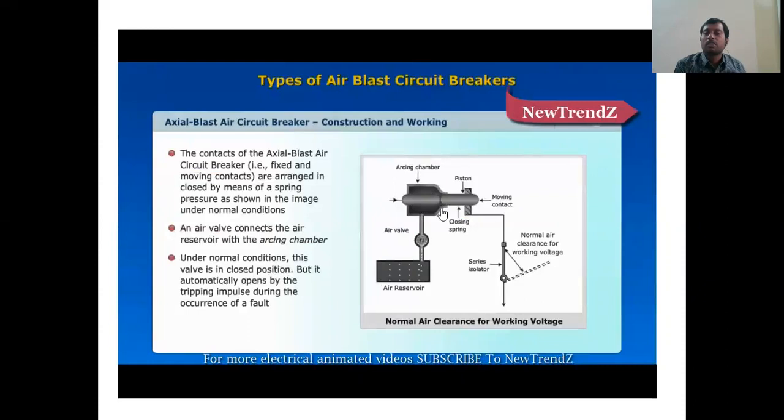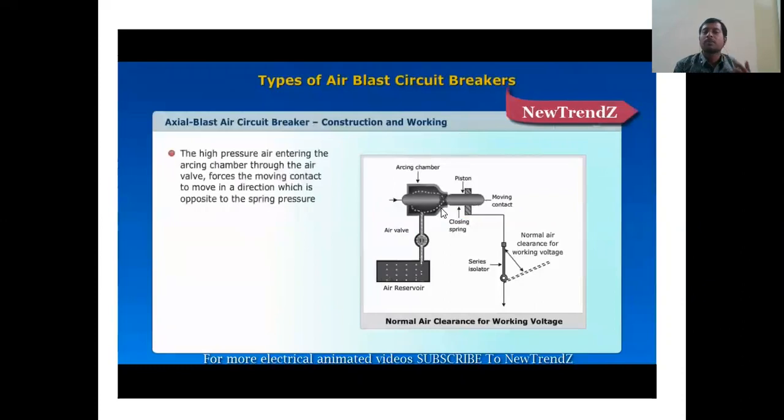In the normal condition, the valve will be closed. In the abnormal condition, the air blast takes place, and the arc will be struck between the two contacts. And this is the normal air clearance for the working voltage. See, this is a series isolator. The isolator will isolate the working condition.